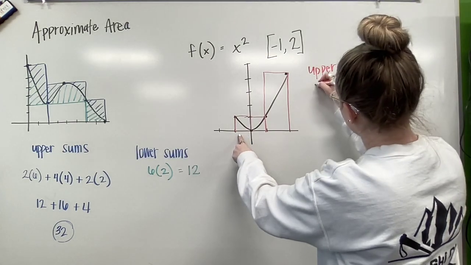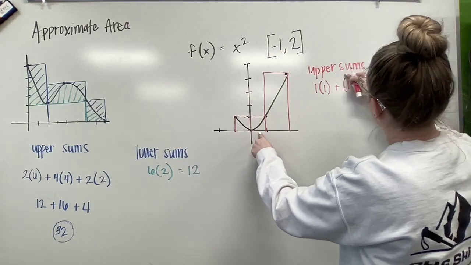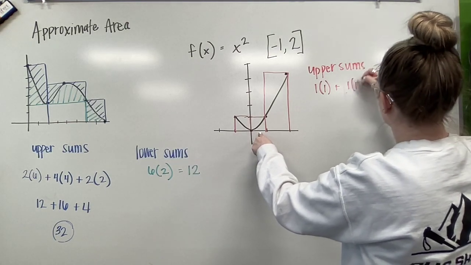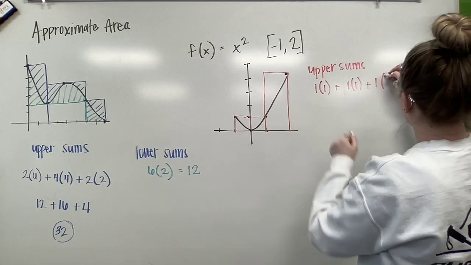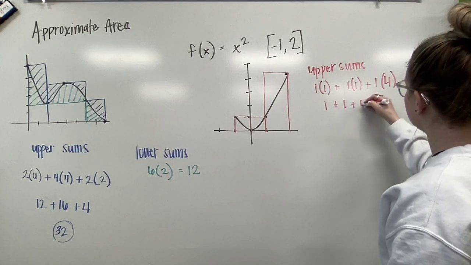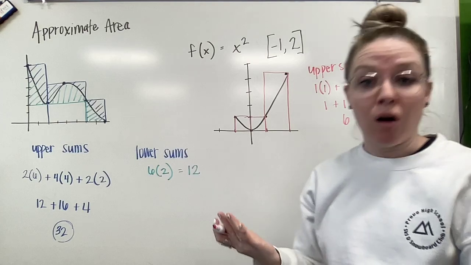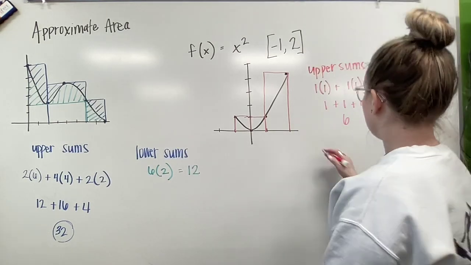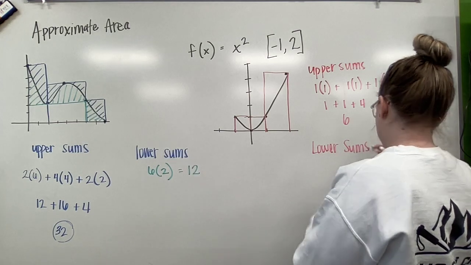So this one has a base of 1, height of 1, base of 1, height of 1, and this one has a base of 1 and a height of 4. So we have 1 plus 1 plus 4. My upper sum is 6. Overestimation.